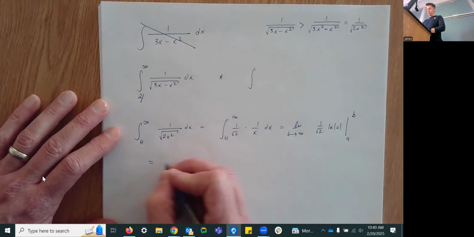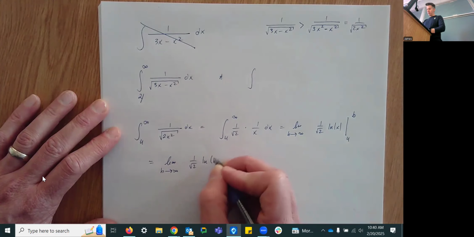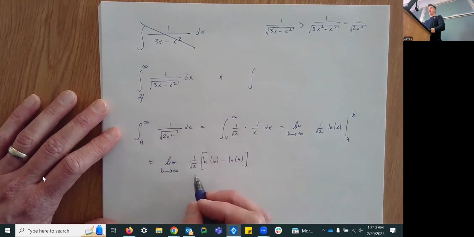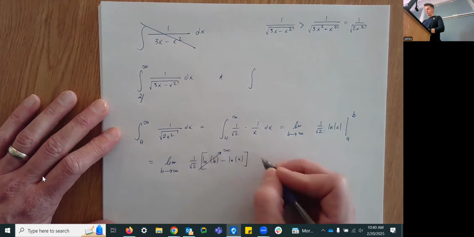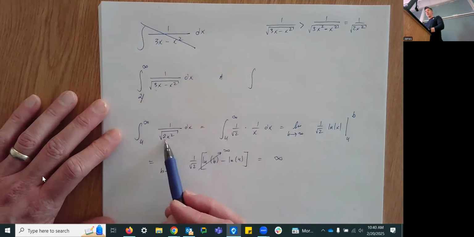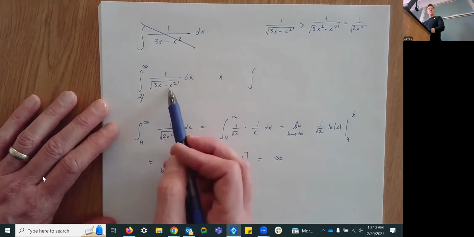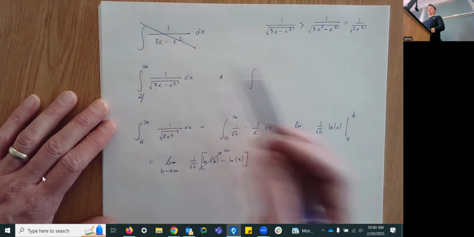We plug in your limits of integration, you get the limit as b goes to infinity of 1/√2 times natural log of b minus natural log of 4. And as b goes to infinity, the natural log of b also goes to infinity, so we're certainly diverging to infinity. And then, since this integral is bigger than that integral, because that function is bigger than that function, because they told us it was, that one also diverges by comparison.